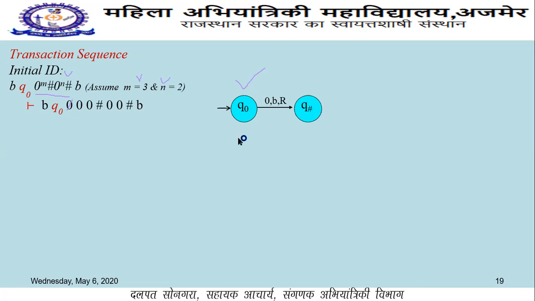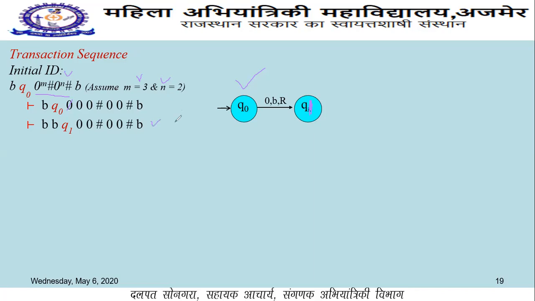Okay, so here we change our state to q2. Okay, q1, sorry. Okay, so this is our state q1. Okay, please understand this is 1, not hash. Okay, please correct it. Okay, so we reach this instantaneous description.